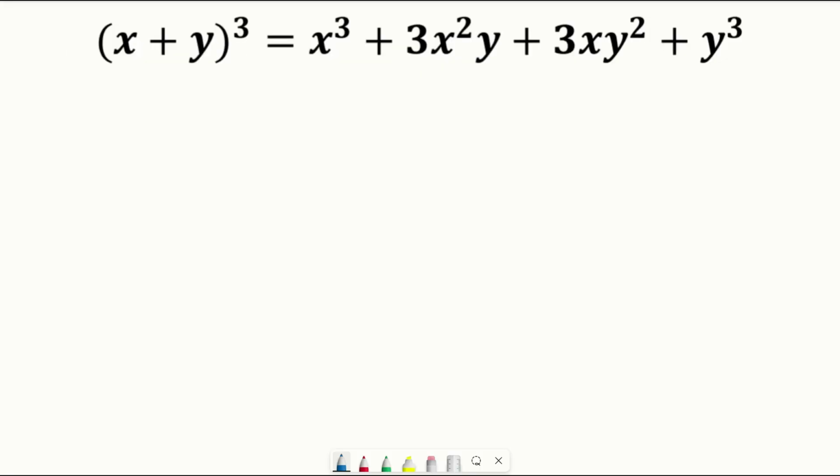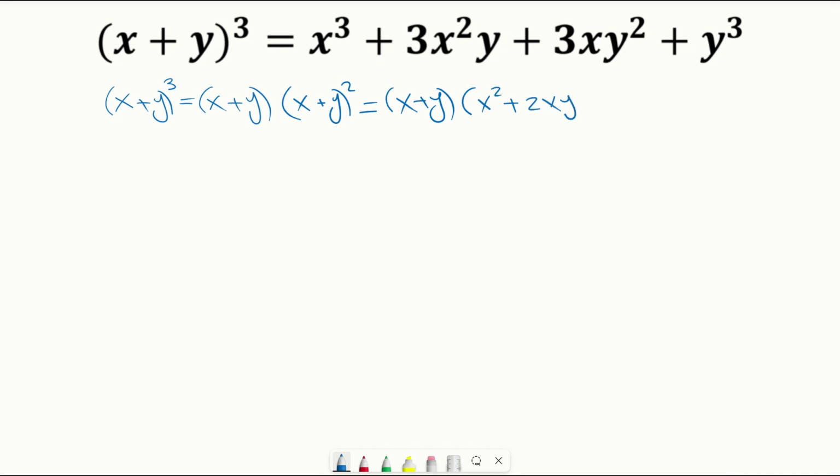For example, if we want to verify the formula for quantity x plus y cubed, we realize that x plus y cubed can be written as quantity x plus y times quantity x plus y squared. We of course already know what the square of x plus y is. It is x squared plus 2xy plus y squared.